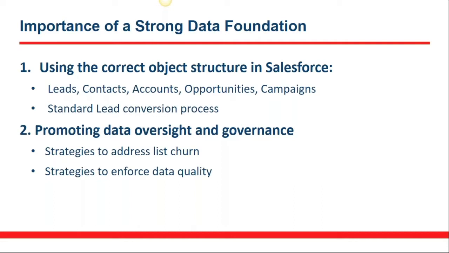So you always want to be using the standard Salesforce object structure, which is listed here: leads, contacts, accounts, opportunities, and campaigns. These are the objects where you can really leverage the standard process that Salesforce has. If you're not using these, it's more difficult to use some of the functionality, especially around campaigns, which is your closed-loop reporting tool.